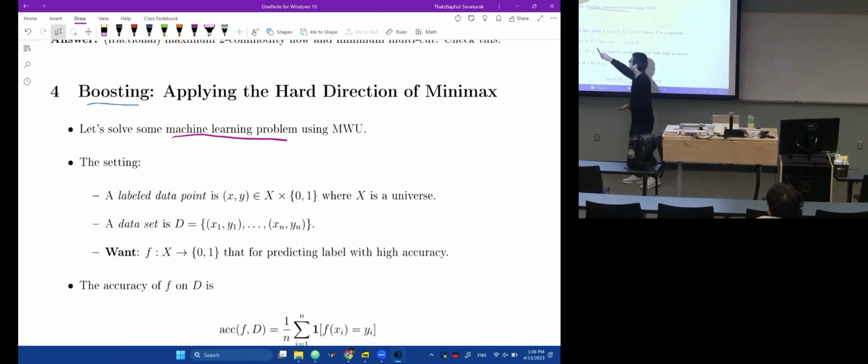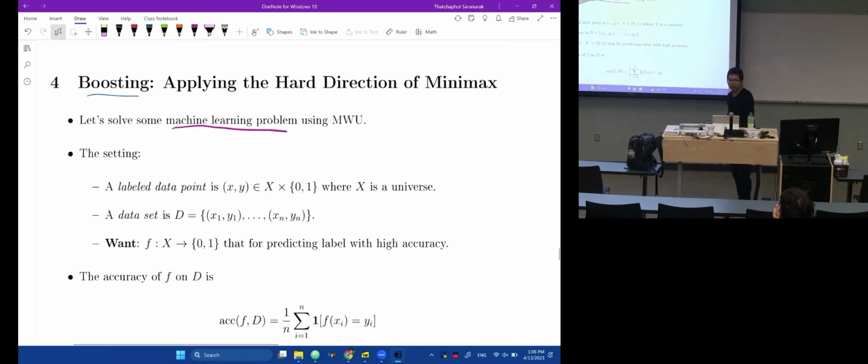So the data set is just a set of pictures, and you have labels for whether each picture is a cat or not. What we want is a predictor, a function that, given any picture, can say correctly with high accuracy whether that picture is a cat or not.